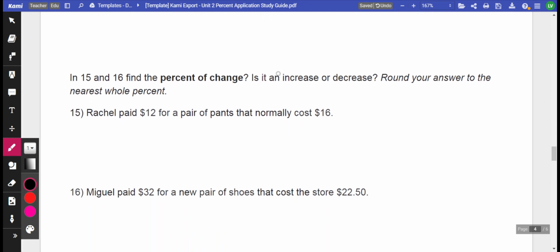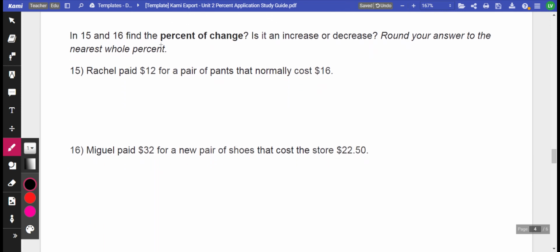So let's move on to number 15. We're going to find the percent of change. Is it an increase or decrease? Round your answer to the nearest whole percent. So Rachel paid $12 for a pair of pants that normally cost $16. All right, so this is going to be a decrease, and I know that because the original price was $16 and then it became $12.